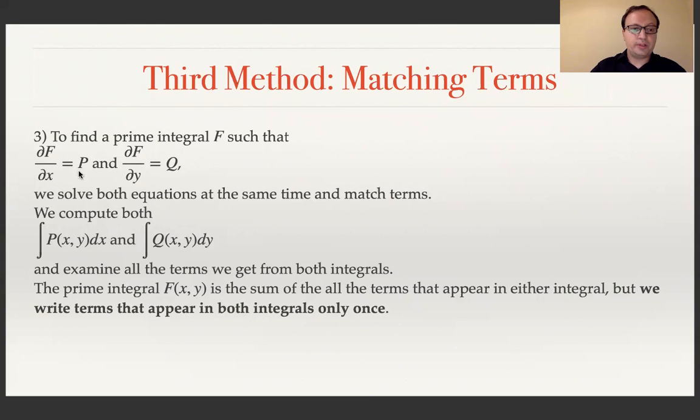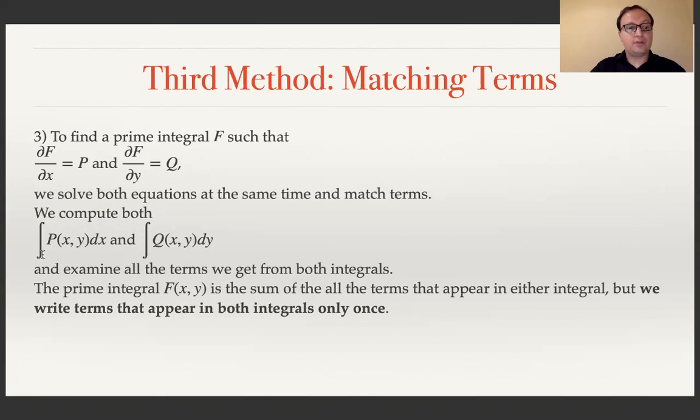Partial f over partial x is equal to p, which is the coefficient of dx in the original equation, and partial f over partial y is equal to q, which is the coefficient of dy in the original equation. So in order to do that, we solve both of these equations at the same time, and then we match the terms that we get.